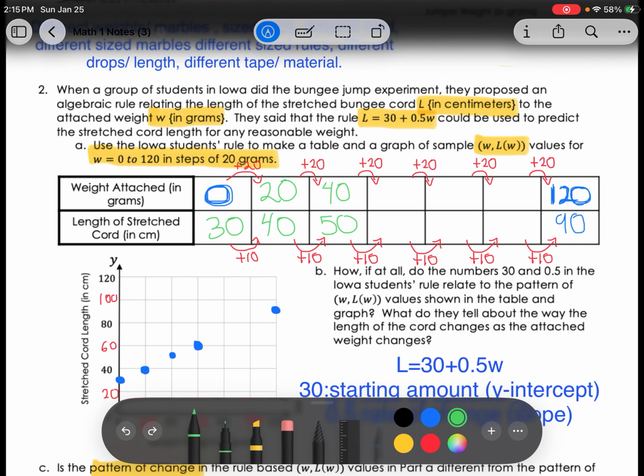If we keep that information in our noggins, we're going to go to the next problem as you see here. We're looking at a different group of kids from another state who also did the bungee jumping experiment. We have L equals 30 plus 0.5 W. By using the equation, we're able to fill in this table.